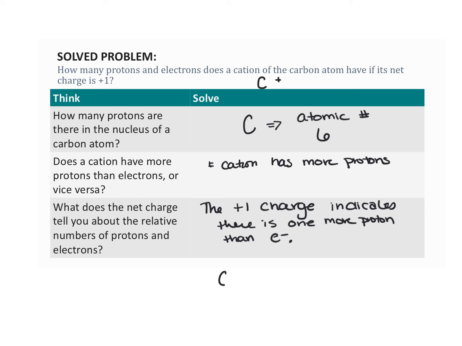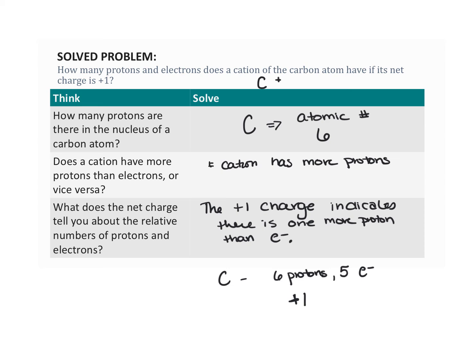So if carbon has 6 protons and we know protons can't change, and the only thing that can change is electrons, then it would have to have 5 electrons so that the charge was positive 1. And so that's how we can determine the number of protons and electrons in an atom.